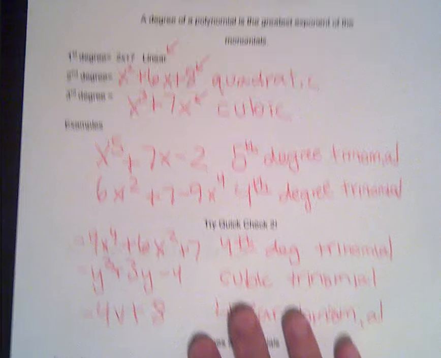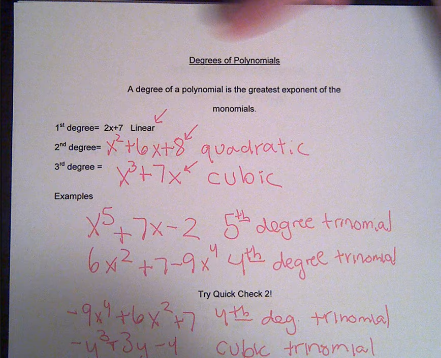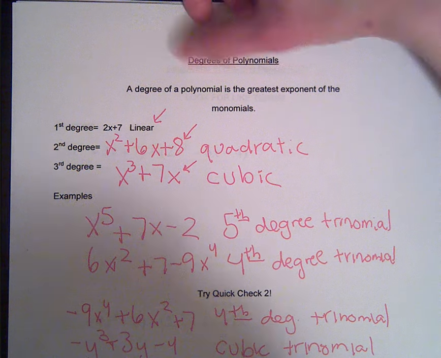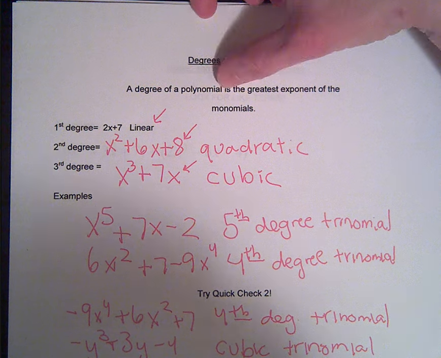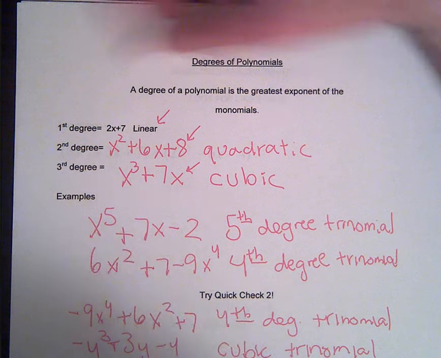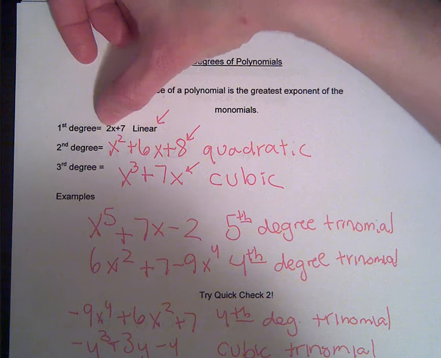So let's look at degrees of polynomials. The degree of a polynomial, this is another term we're going to be talking about when we describe polynomials, is the greatest exponent of the monomials. Right here, this would be considered first degree because it's 2x plus 7.